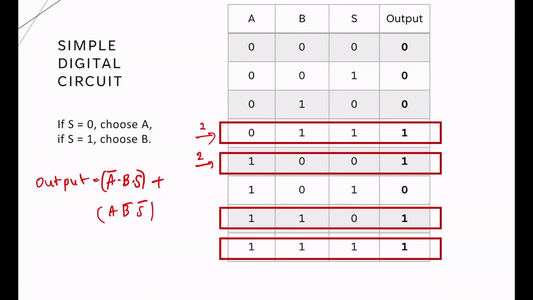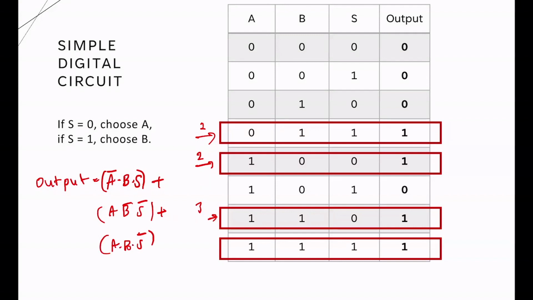So good so far. You remember the whole thing? From the truth table, you can derive the logic. In this third case, it's 1, 1, 0, so it has to be A, B, and S bar.